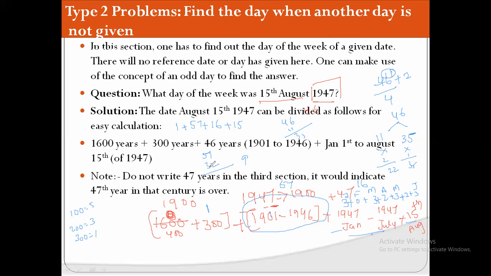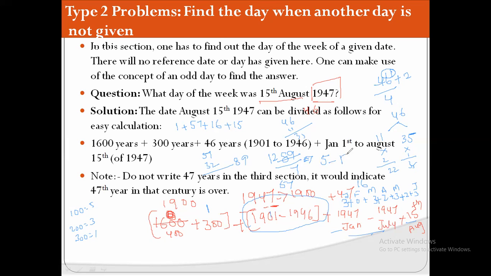Now if we add all this: 15 plus 16 is 31, plus 1 is 32, 57 plus 32 is 89. So now 89 odd days are there. If we want to calculate that day, we have to divide by 7. 7 twelves are 84, so the remainder is 5.